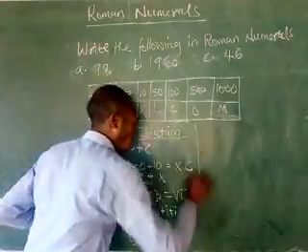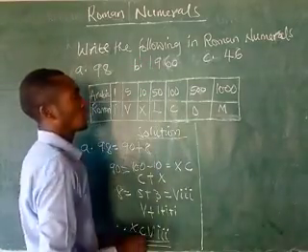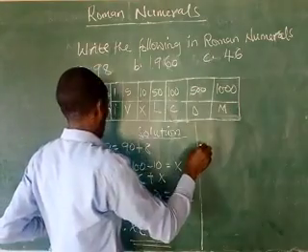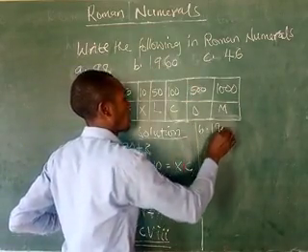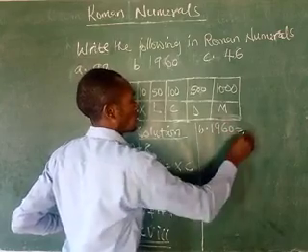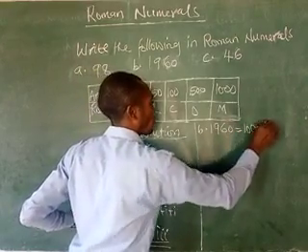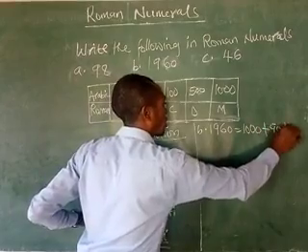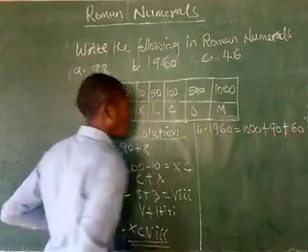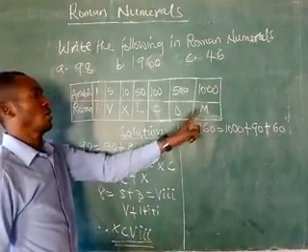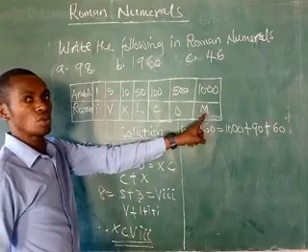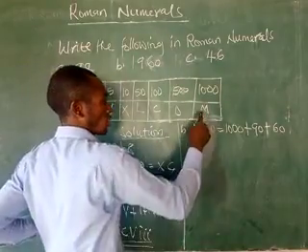Now, let's quickly look at 1960. 1960 is the same thing as 1000 plus 90 in the expanded form plus 60. Now, 1000, we have it here as a term on its own, which has this representation.